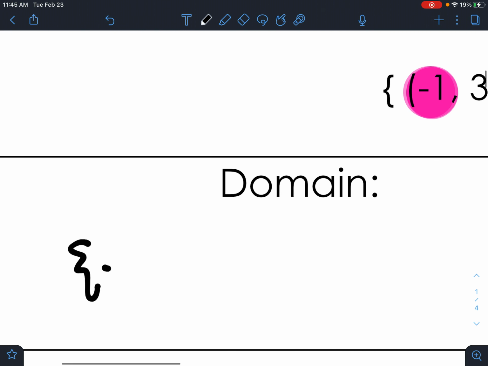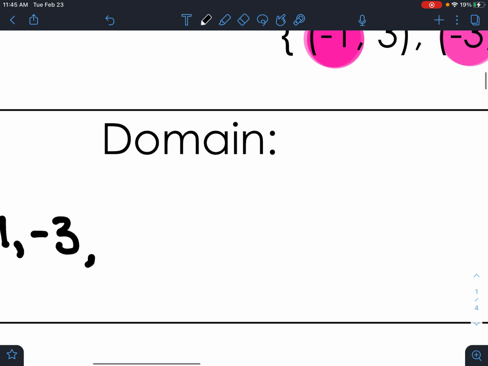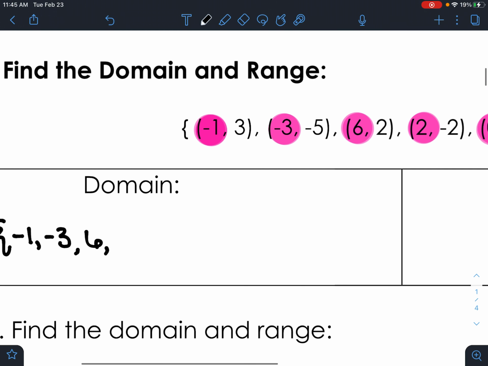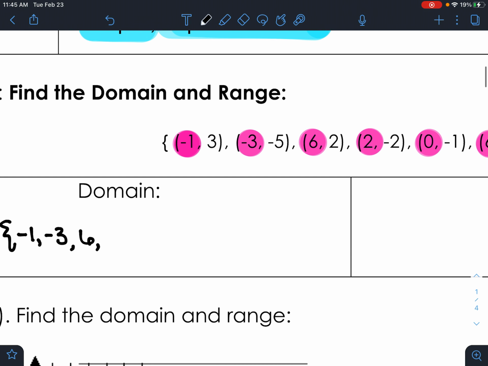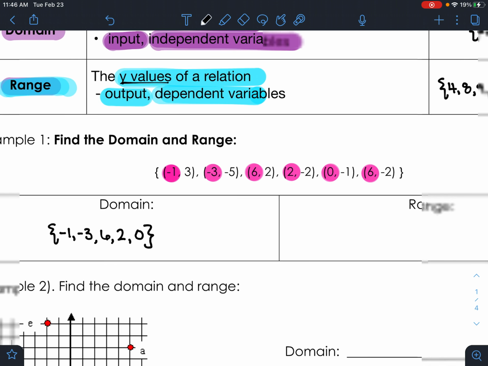So I'm going to do -1, -3, 6, 2, 0, and then I get to that last 6, and I don't write it because I already have one.